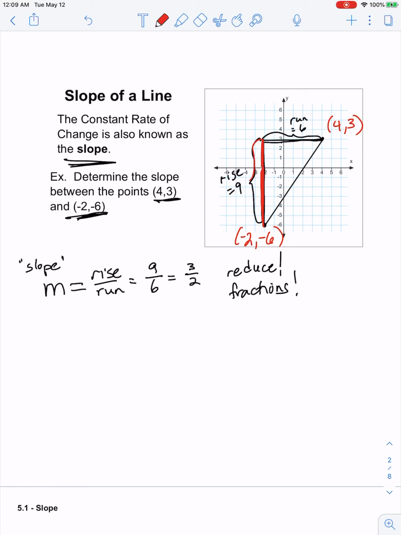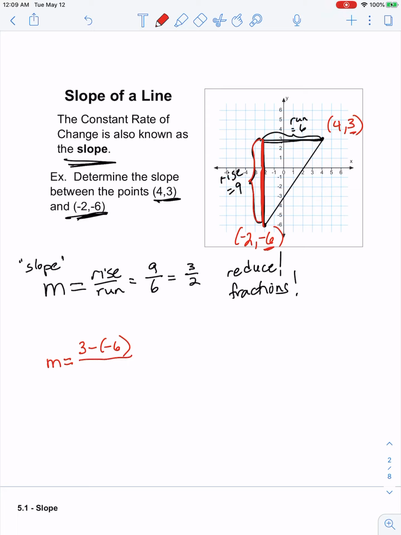It's actually the difference between those two values. So really what we did is we did 3 minus -6. That's the difference between your coordinates. So this y coordinate and that y coordinate give us our rise.